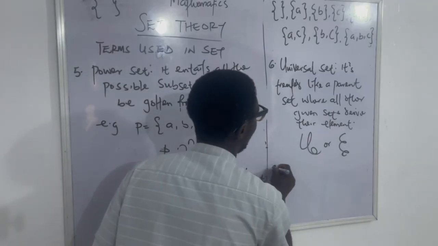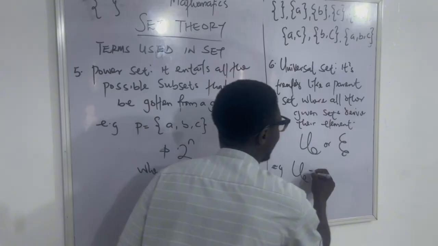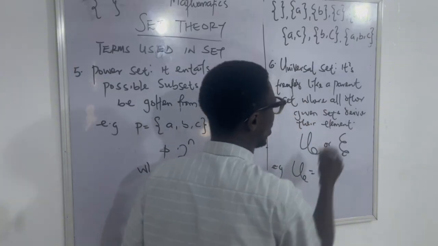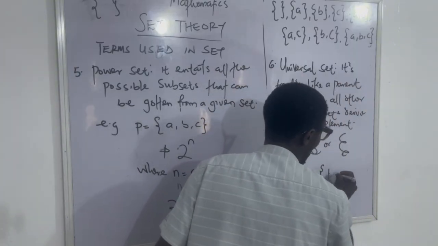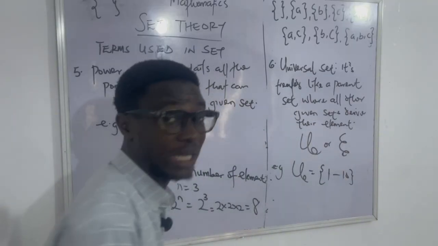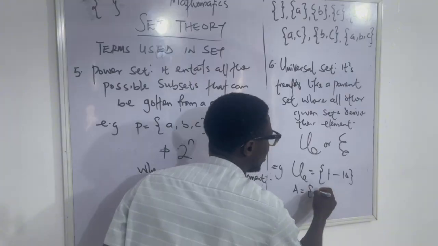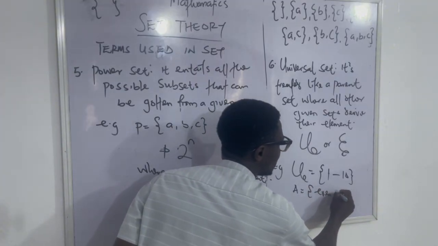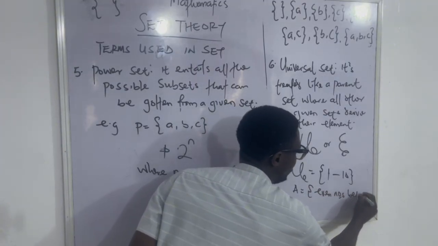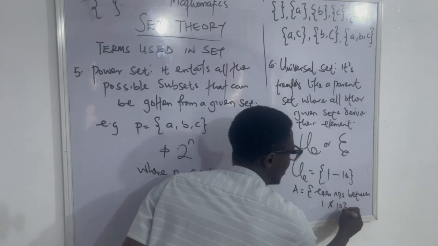So now, let's take for example, I said earlier that it more or less acts often like a subset. So universal set contains 1 to 10. Then set A contains even numbers between 1 and 10.